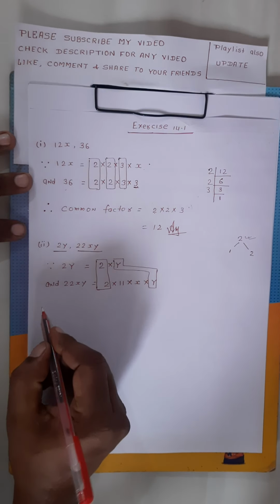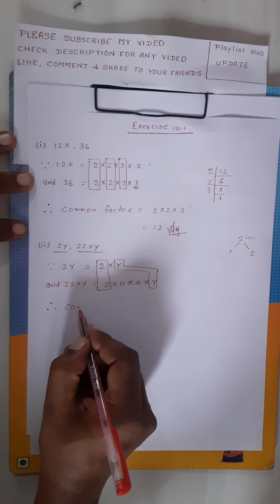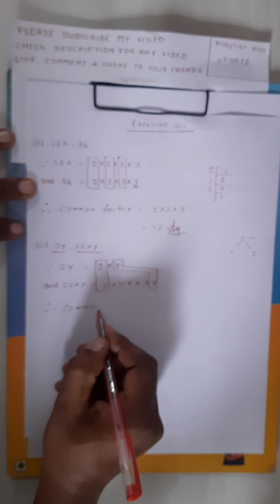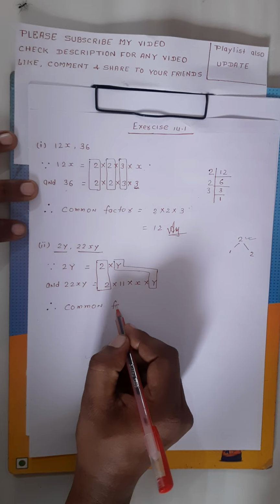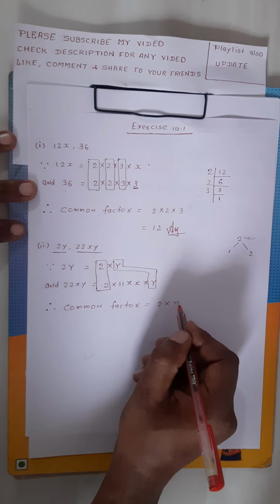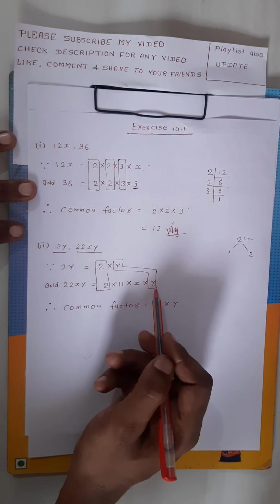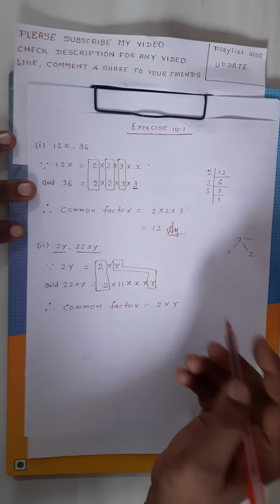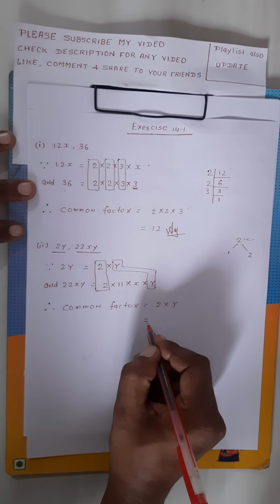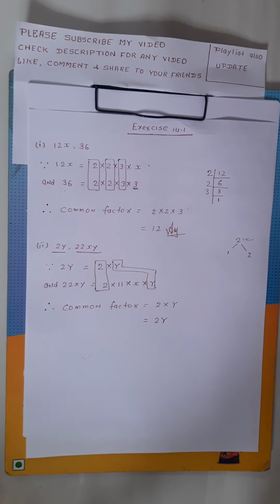Okay, therefore common factor will be 2 into y. 2 is common factor, and y is also common in both terms. Okay, will be equal to 2y.